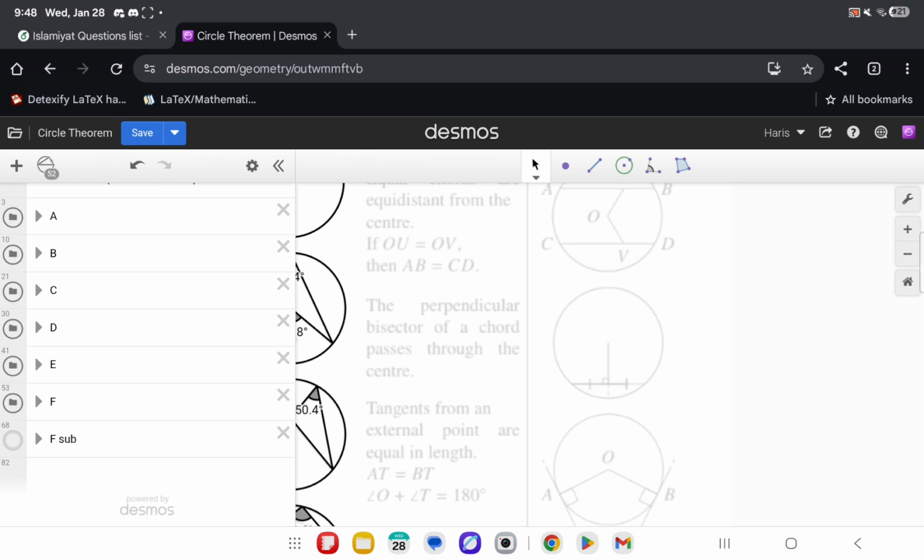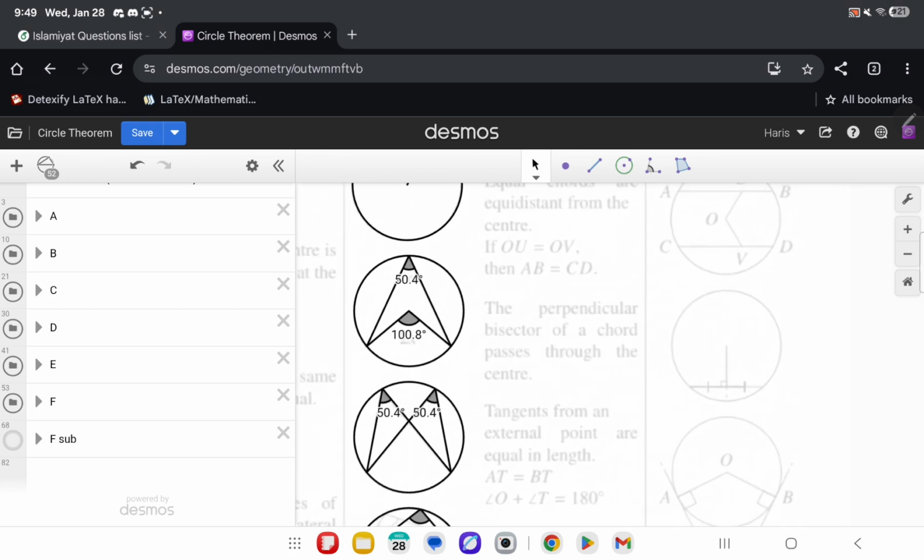Next is the perpendicular bisector of a chord passes through the center. If we have a chord AB, for example, I did not label it in my notes, sorry. Then if we pass a radius through it, this radius becomes dotted after the point, but trust me, it will always cut the chord into two.